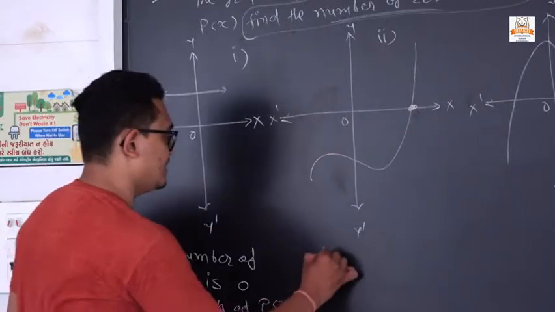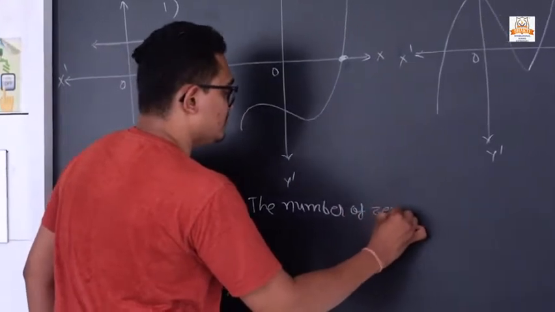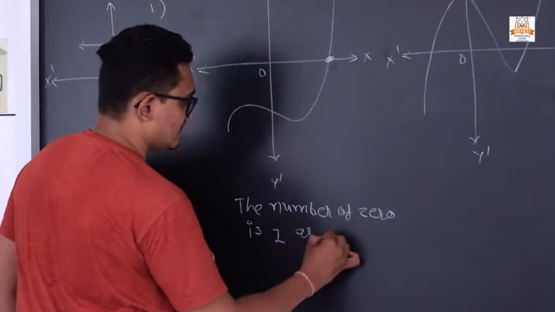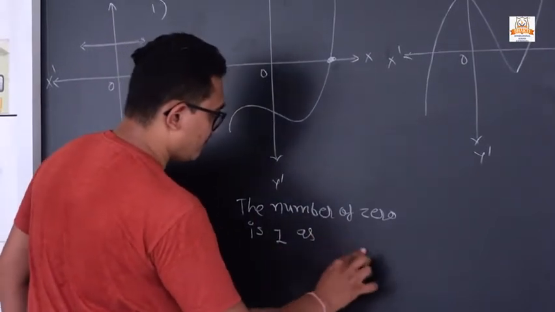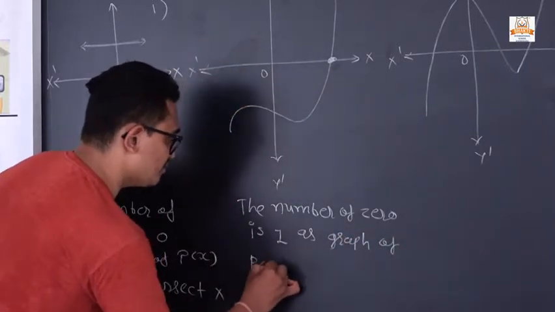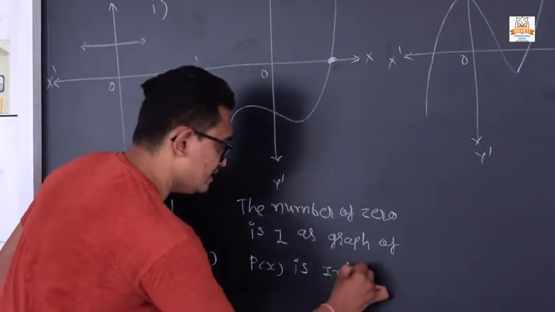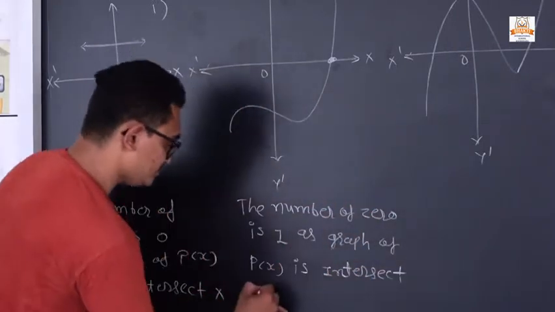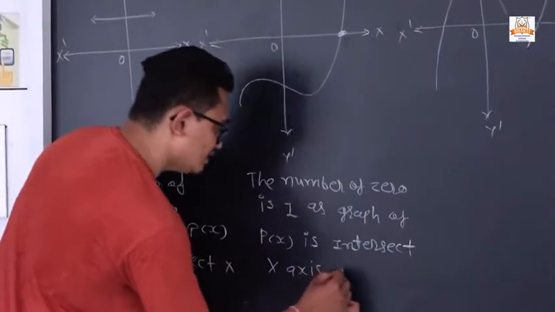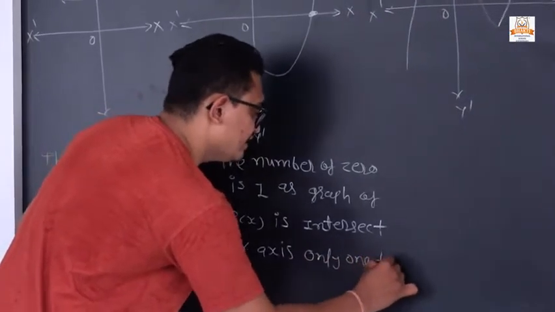So here we can write the number of zeros is 1, as the graph of p of x intersects the x-axis only one time.